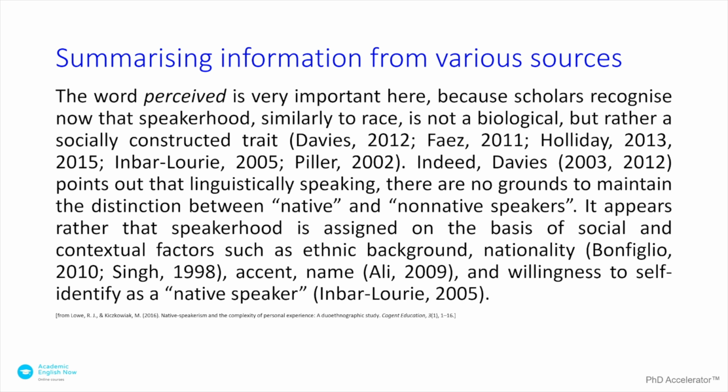No, it's just the point, right? That speakerhood is not a biological but rather a socially constructed trait. And the same with the second point, where we've got 2 references, and then we also have several references in the following point, right? And notice that in here there is no present perfect. It's just in the present tense. Scholars recognize, Davis points out, is assigned, right?